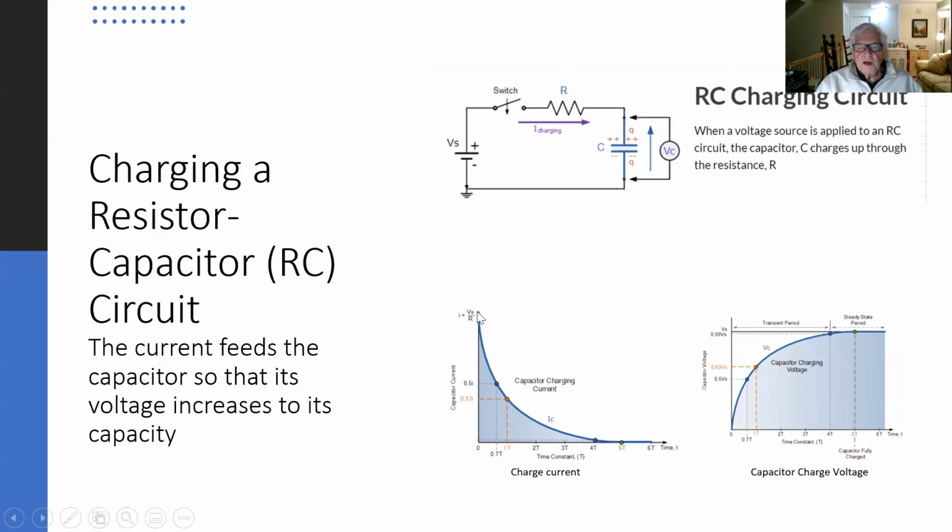We start with a high current. The current starts the process, so the current always leads the voltage. The current diminishes as the voltage increases to a maximum. The maximum is reached at 5 times the time constant, being the product of the resistance and the capacitance.